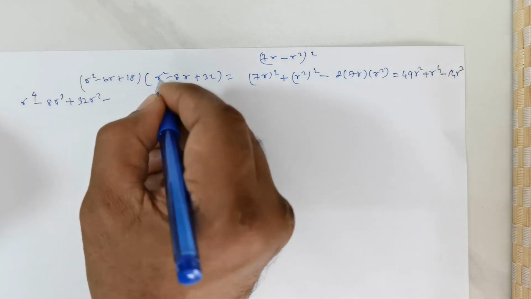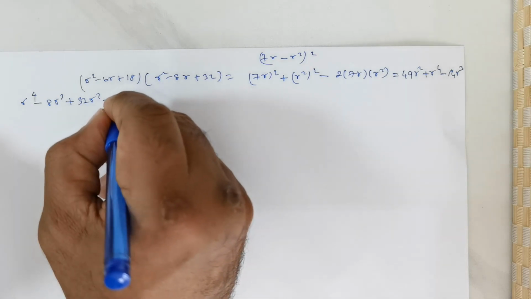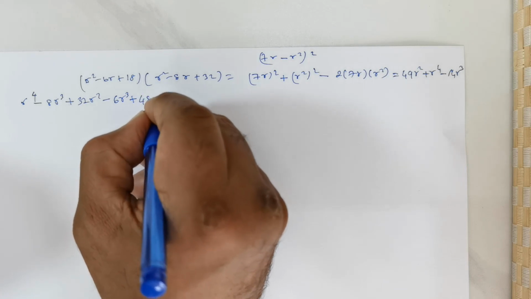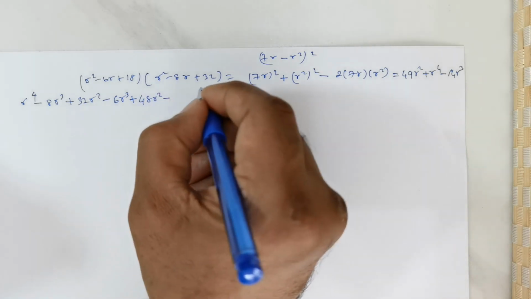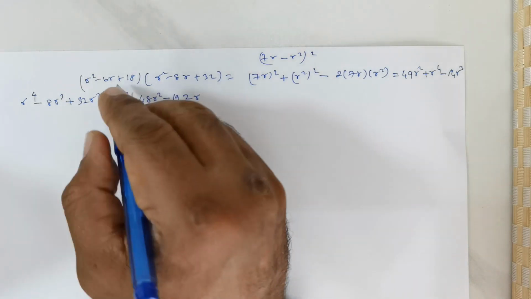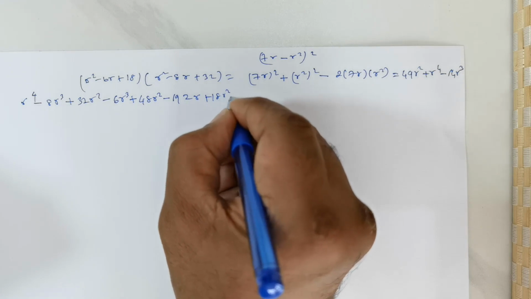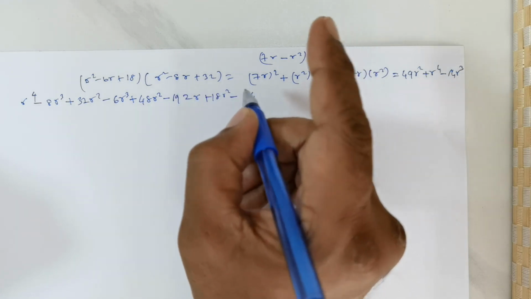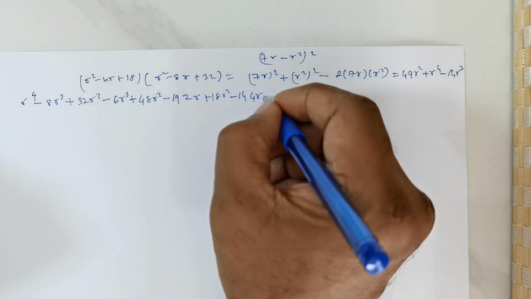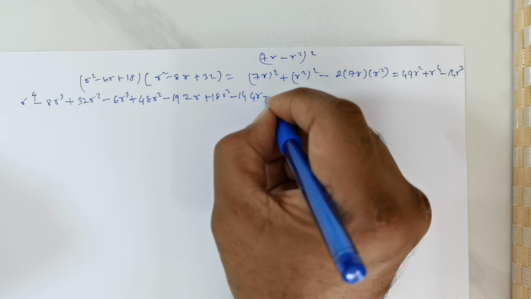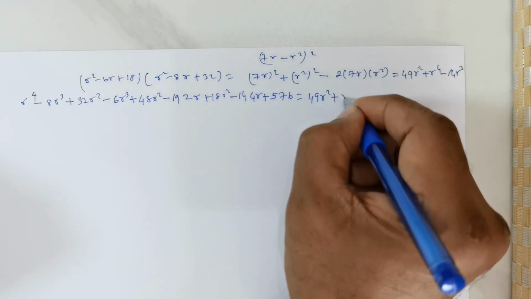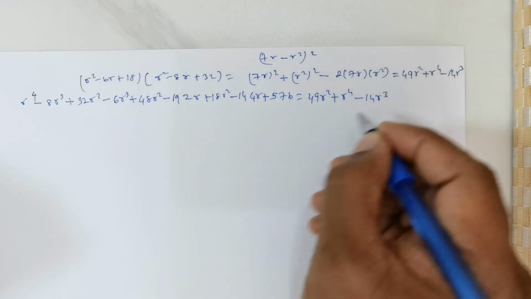Multiply negative 6r with r squared, that's going to be negative 6r cubed, positive 48r squared, negative 192r, followed by 18r squared, negative 144r, and then 18 into 32, that will give you 576, which is equal to 49r squared plus r to the power of 4 negative 14r cubed.